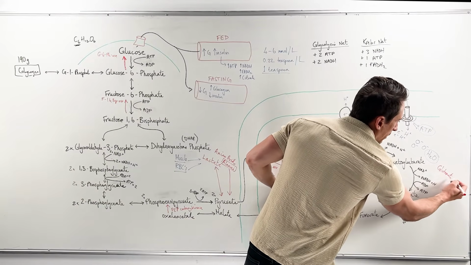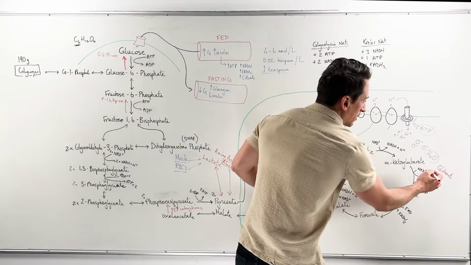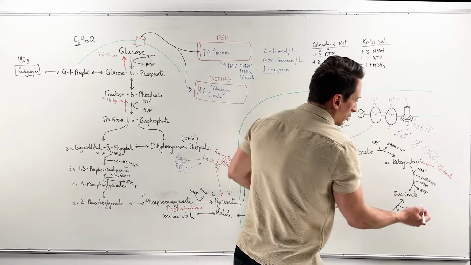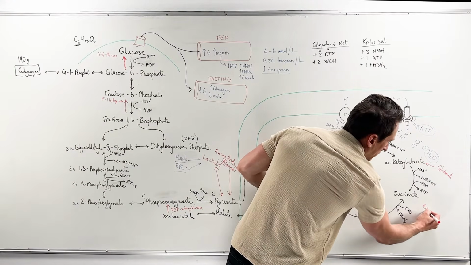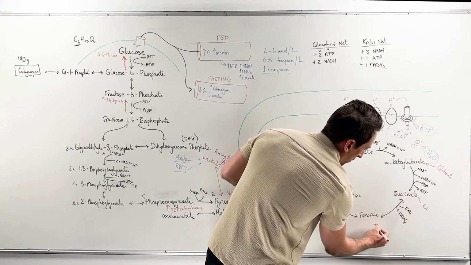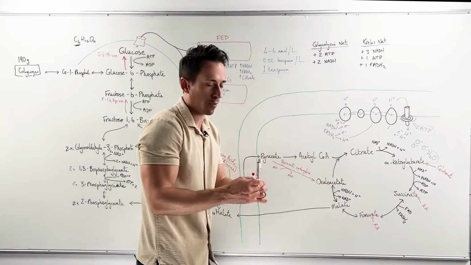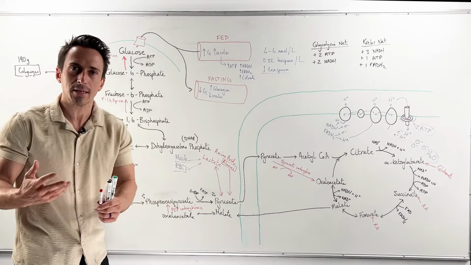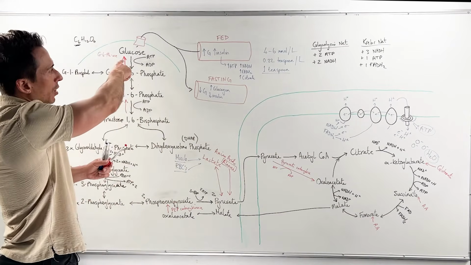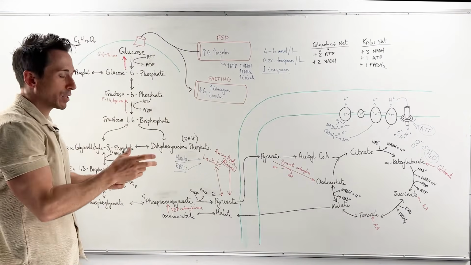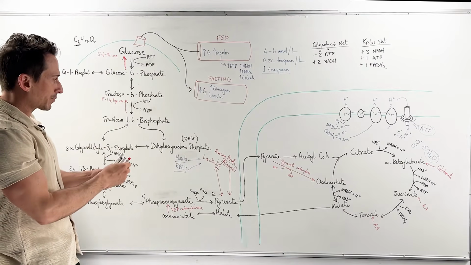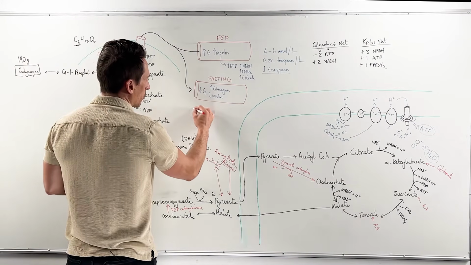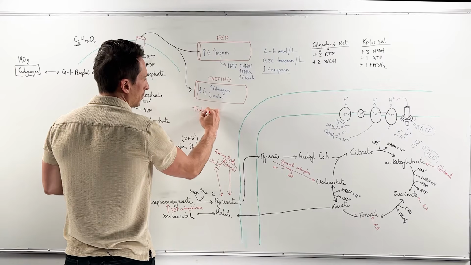We know that glutamate can be made from a range of other amino acids too, but that can turn into alpha-ketoglutarate. And there's amino acids that can jump in here and amino acids that can jump in here, for example, and other discrete areas. So amino acids can be used as a substrate to make glucose, to increase blood glucose levels.